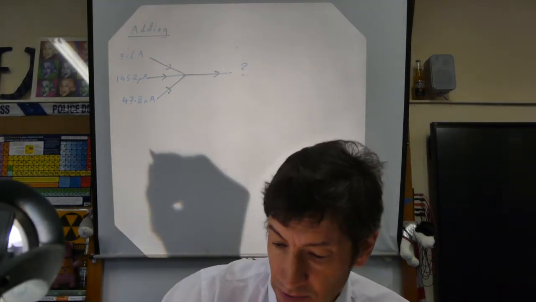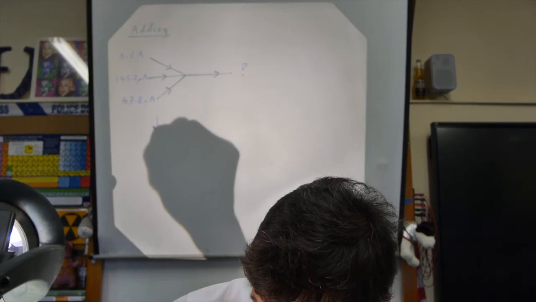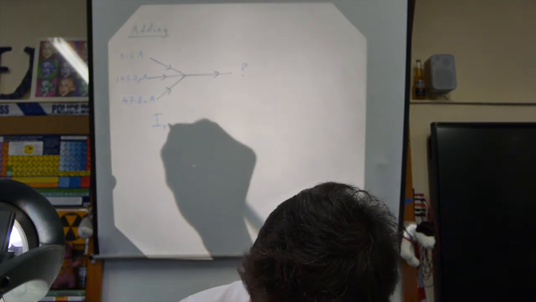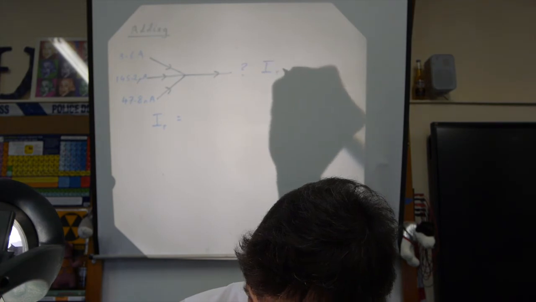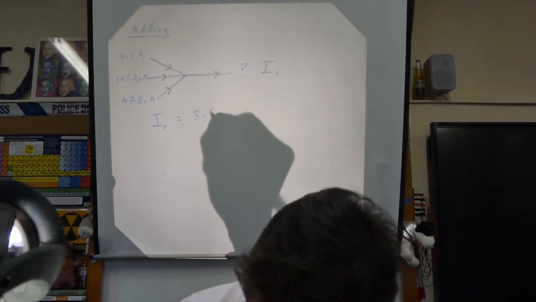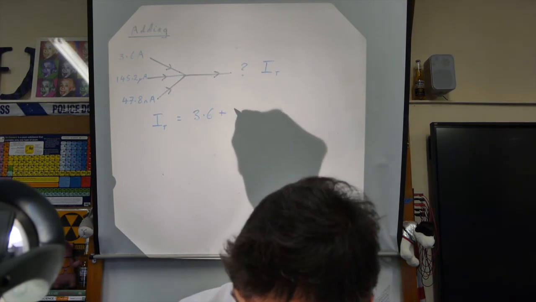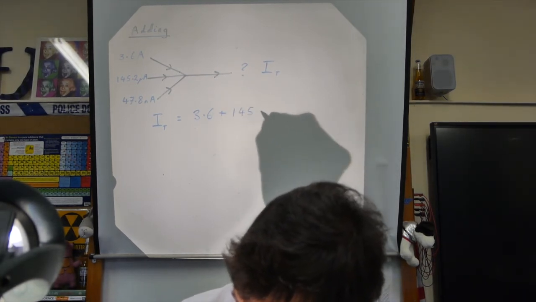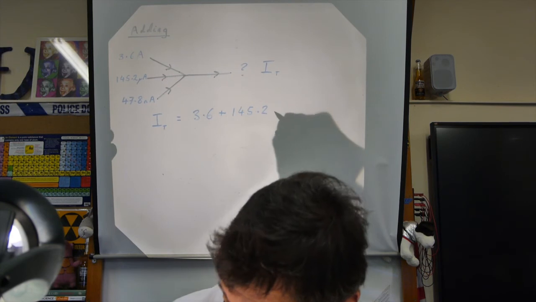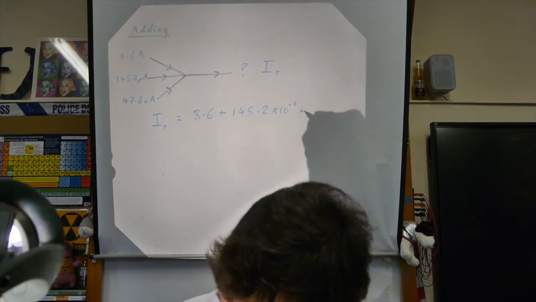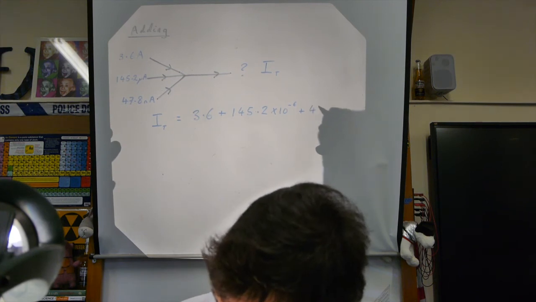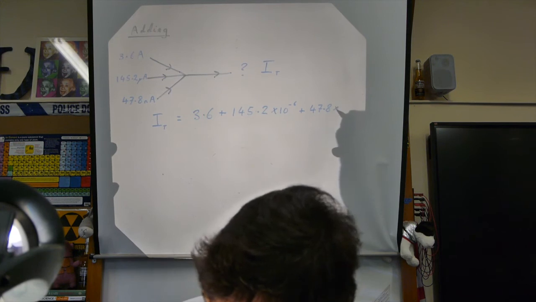So, working out the total current here, the current total, IT, will be 3.6 amps added to 145.2 micro times 10 to the minus 6, added to 47.8 nano times 10 to the minus 9.